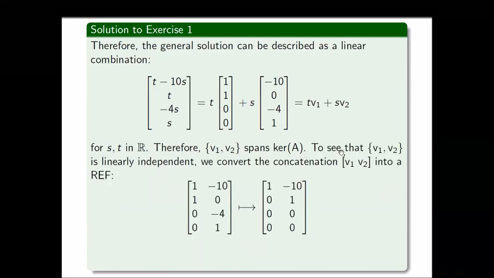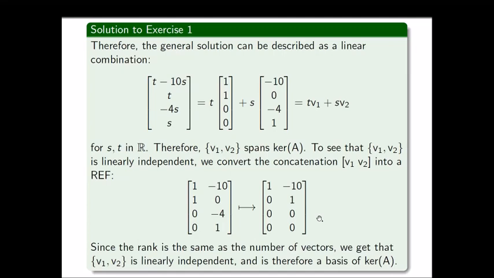The only thing remaining now is to see that this set is linearly independent. To see that, we convert the concatenation of these two vectors, 1, 1, 0, 0 and minus 10, 0, minus 4, 1, into its row echelon form, and we get 1, 0, 0, 0 and minus 10, 1, 0, 0, or at least that's one of the row echelon forms.